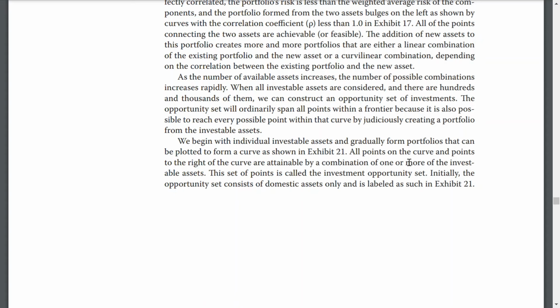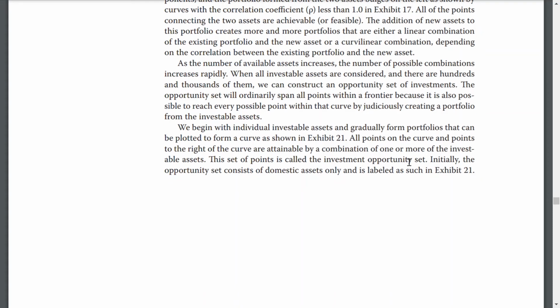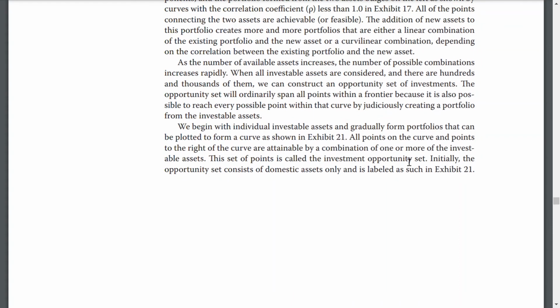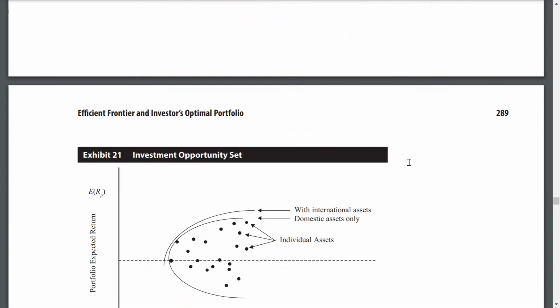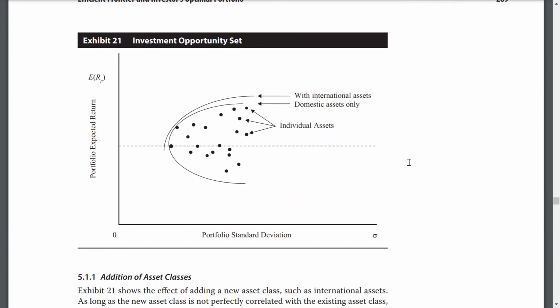The set of points is called the investment opportunity set. Initially, the opportunity set consists of domestic assets only, labeled as such in Exhibit 21.